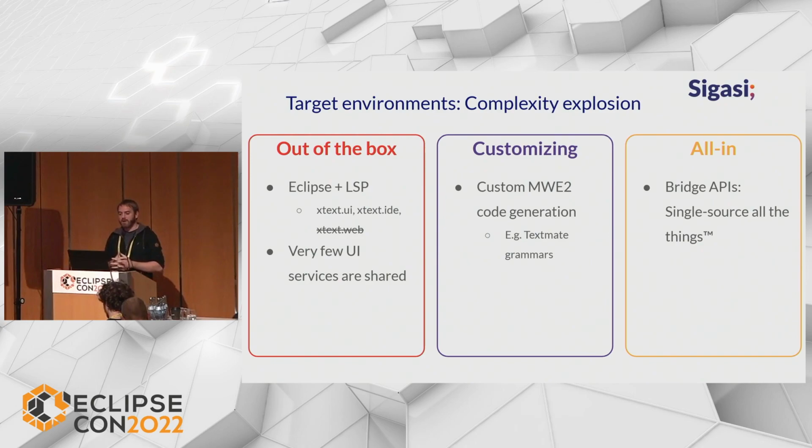There's a content assist implementation, for example, in Xtext UI, and there's also a content assist implementation in Xtext IDE. Very few of the UI services are shared. So if I would start an Xtext plugin right now and you want to support both, you're in a tricky spot. If you don't plan it correctly, you'll have a lot of duplicated code.